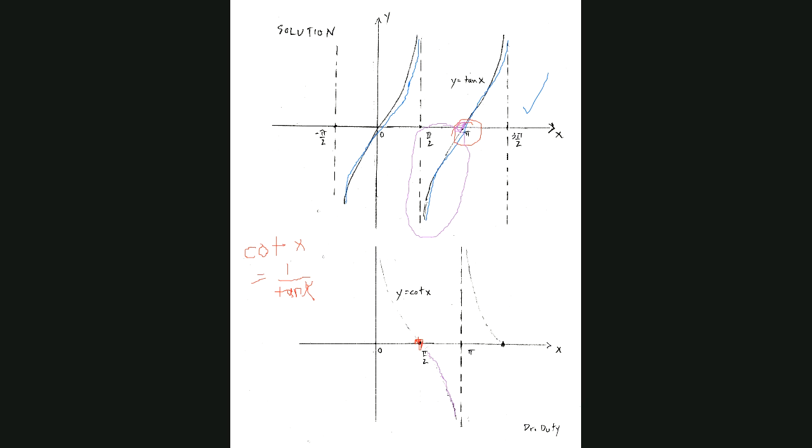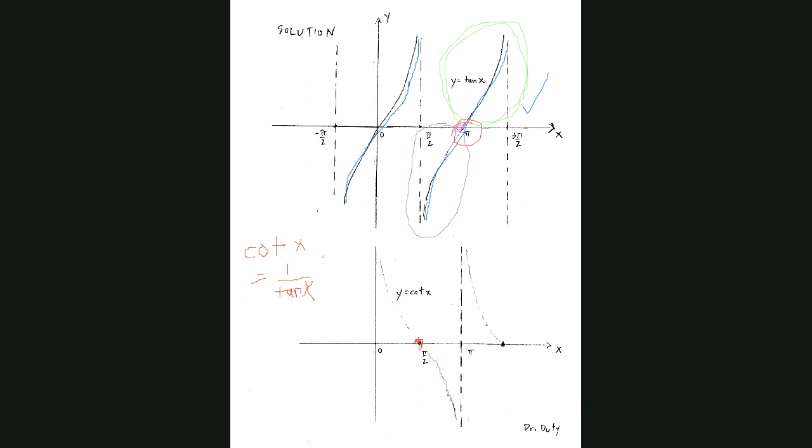Similarly, if we look to the right of pi, over here, the tangent function to the right of x equals pi is positive.